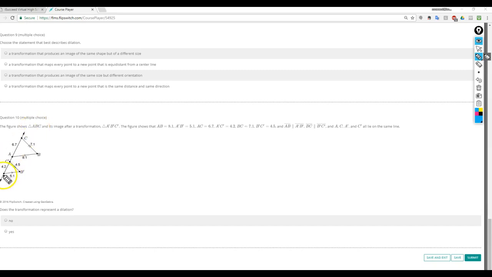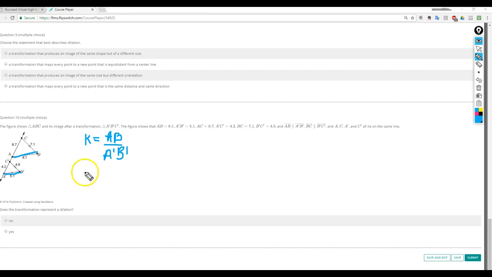So AB, A to B, will correspond to A prime, B prime, because those are the first two vertices listed in the name. So we're going to find the scale factor for the ratio of AB compared to A prime B prime.